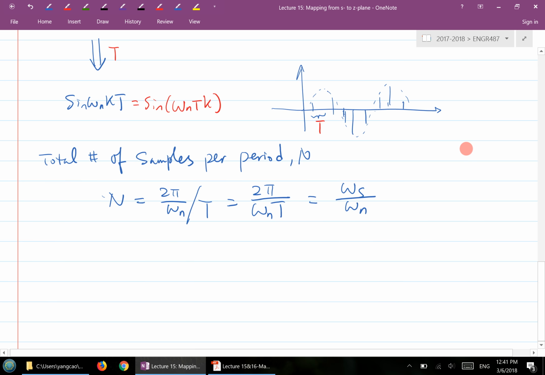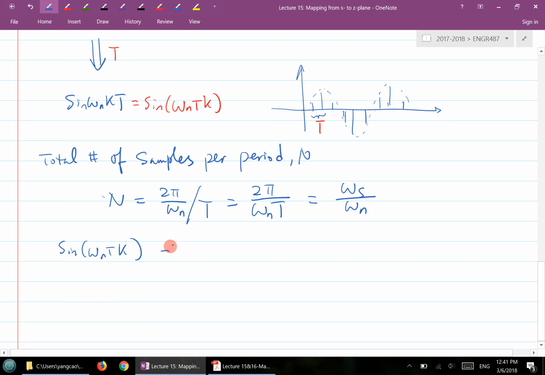Now you have sine omega n T k. Don't think of this as a sinusoidal anymore; just think of it as a discrete sequence of numbers, a discrete signal.